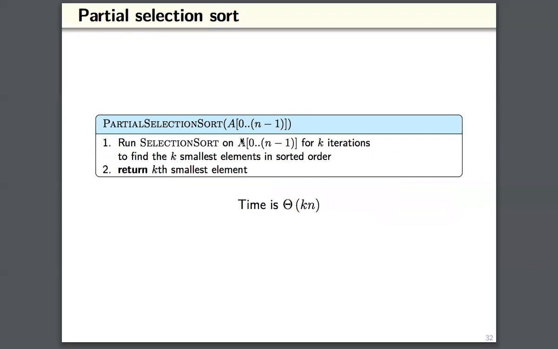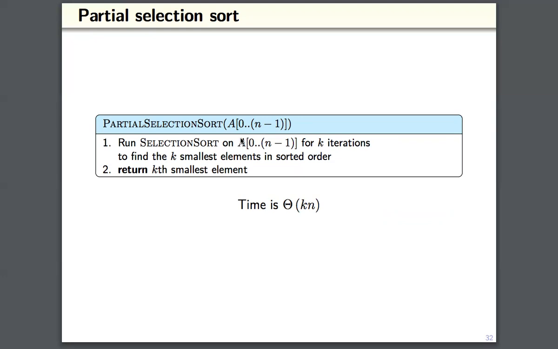Let's look at partial selection sort. So how does selection sort work? Let's consider the first iteration of selection sort. The first iteration gives you the smallest element in the array. The second iteration gives you the second smallest element in the array. Similarly, the ith iteration of selection sort gives you the ith smallest element in the array. So use that for k iterations.